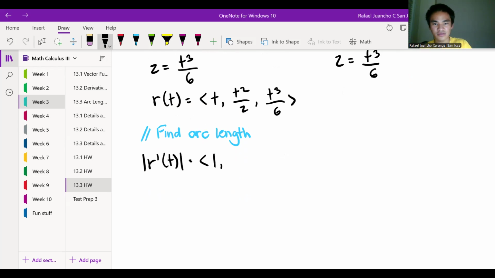We get 1, then t, and then t squared over 2.